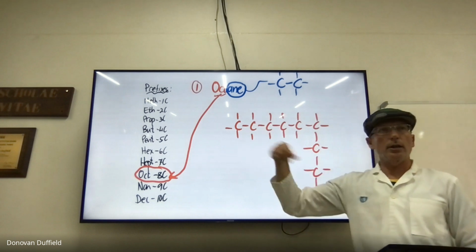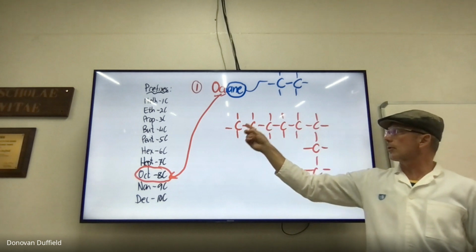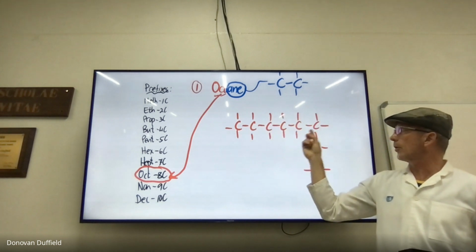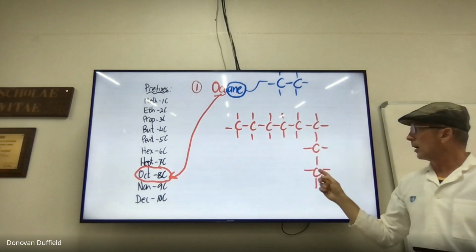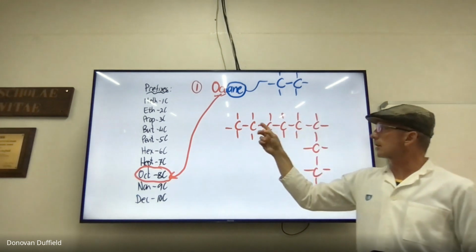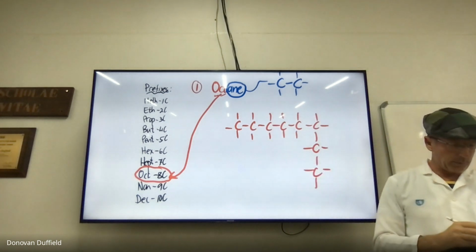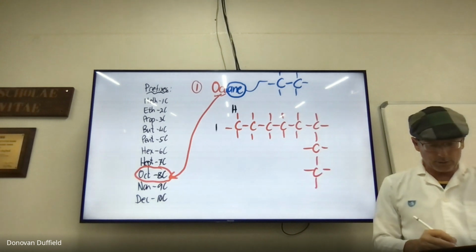So going around each carbon, you use my circle test: 1, 2, 3, 4 for each of the 8 carbons. And now we fill up with hydrogens. So we just put all the hydrogens in.